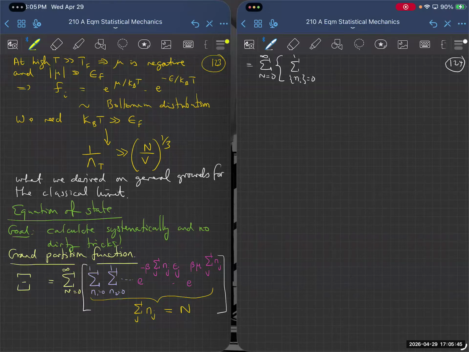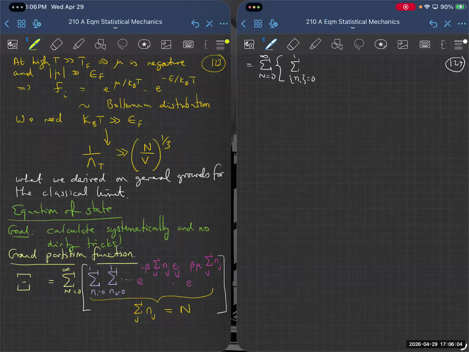And then these exponentials on the left-hand side, these are e to the sum of something. So e to the sum of something is then the product of each of the things, right? Okay, so those are just products.